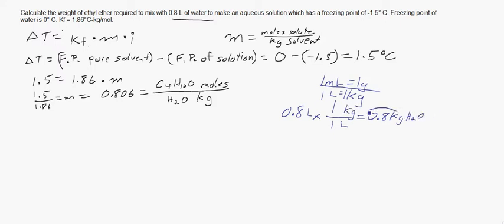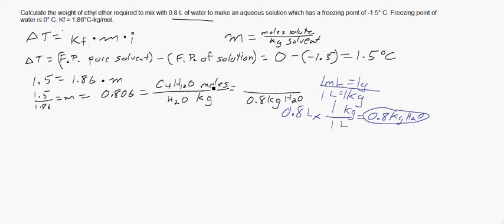Alright, so now we can take this value and plug it in right over here. So this actually turns out to be 0.8 kilograms of H2O. Oh, excuse me, this is on the bottom. There we go.